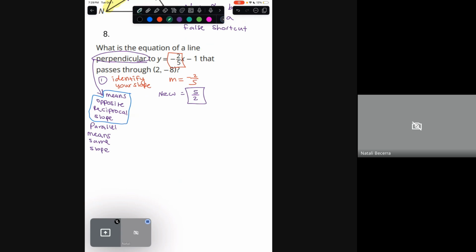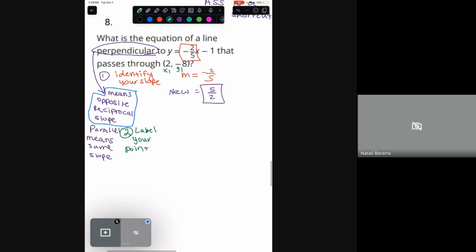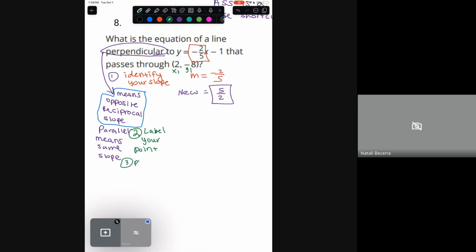So now step 2, and I ran out of space. So step 2 is going to be to label your point, and you label it x1, y1. Let me zoom in a little bit.